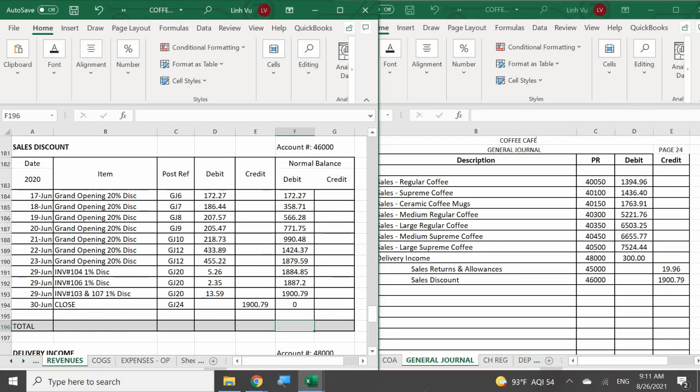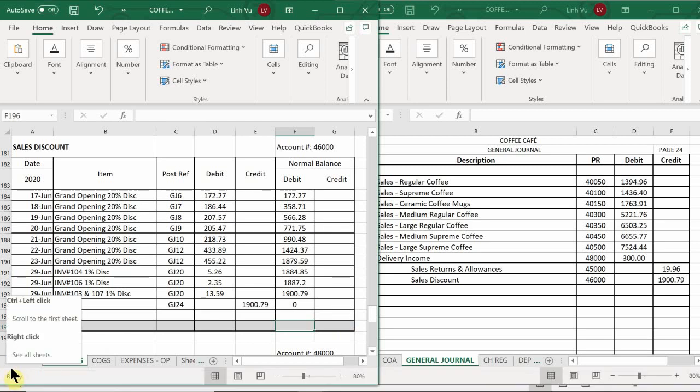Last but not least, right, we're zeroing out all of these accounts, right? We're closing them out to our income summary, okay? Where is our income summary account? Isn't it in assets? No. Is it the ledger?